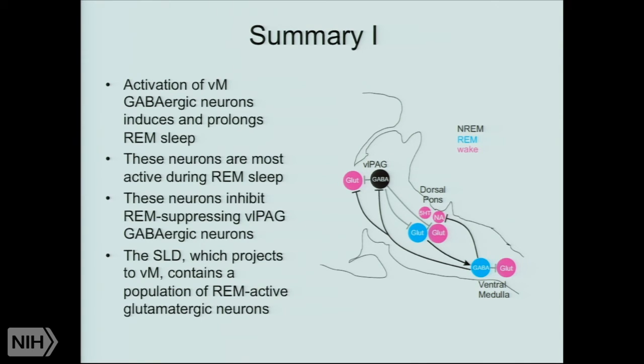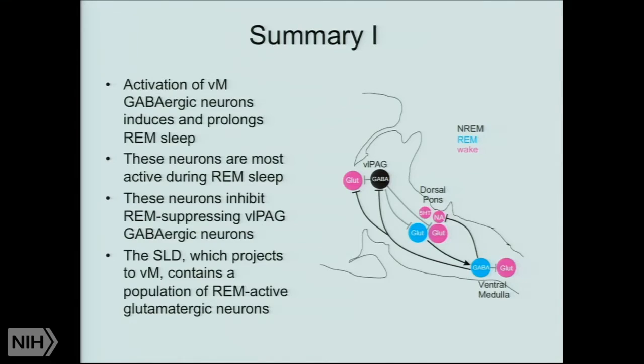Now, if you look at the black neuron, which is a non-REM neuron, it's also GABAergic. We also know that it projects to the SLD, and it seems to innervate both the cyan neurons and the pink neurons. These arrows are just the ones that we have figured out so far, but obviously there are a lot more connections. But it seems, maybe partly wishful thinking, that the circuit is designed with some simple logic, which is that we have 3 brain states: wakefulness, non-REM, and REM.